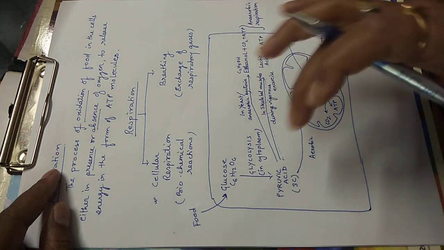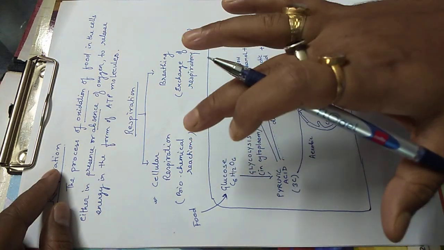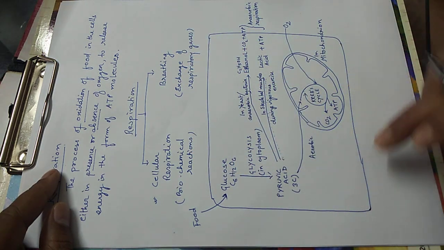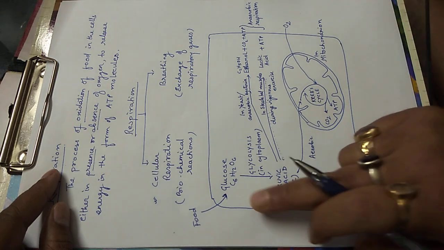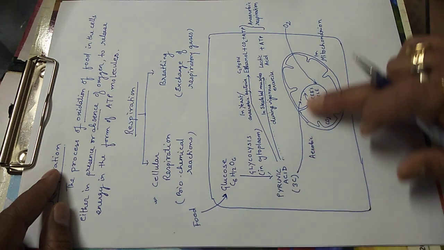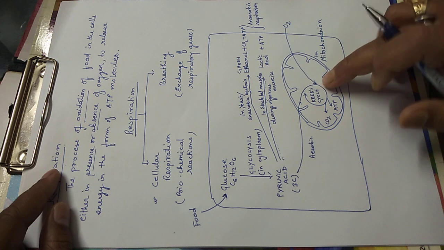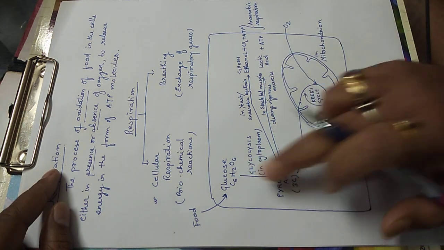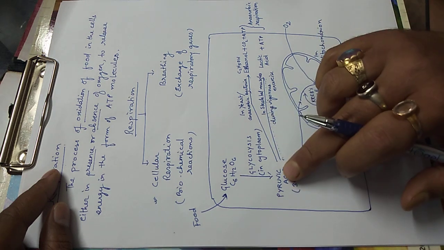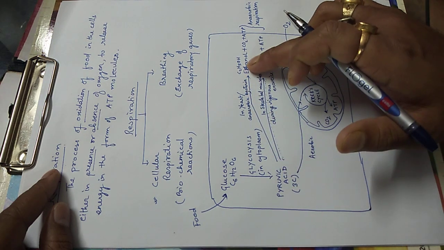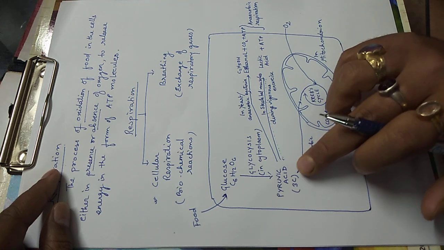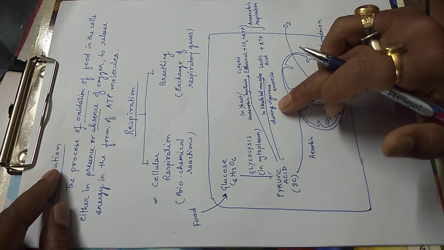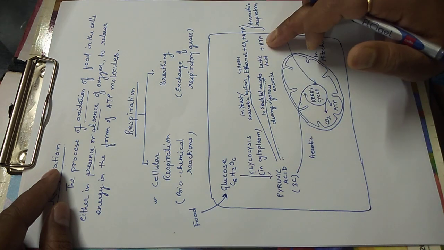So this is basically what happens during your cellular respiration process. If it is aerobic respiration, glycolysis along with Krebs cycle in presence of oxygen. If it is anaerobic respiration, first glycolysis, and then if it is yeast or anaerobic bacteria, it will form ethanol, carbon dioxide, ATP. If it is in skeletal muscles during vigorous exercise, lactic acid and ATP.